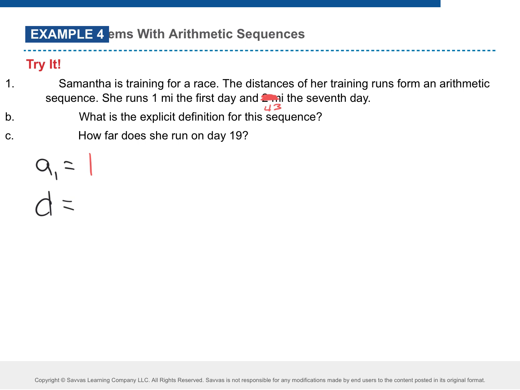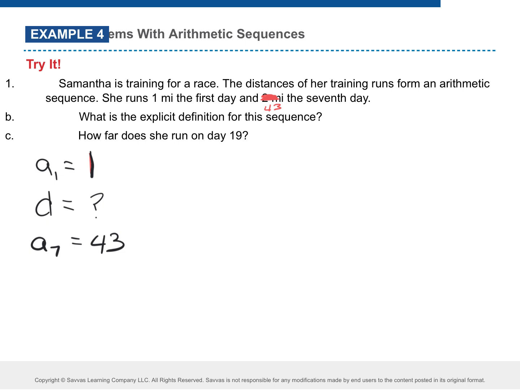How do I notate the 7th day? A7, right? It's day 7. And how many miles did she run? 43. Okay. So A7 is 43. That's all the information we know. So what do we not have? D. We don't know the distance.